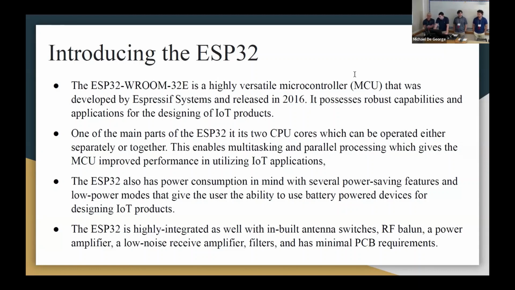The ESP32 also has power consumption in mind, with several power-saving features and low power modes enabled that give the user the ability to use battery-powered devices for designing IoT products. The ESP32 is also highly integrated as well, with built-in antenna switches, RF balun, a power amplifier, a low noise receive amplifier, and filters, and has minimal PCB requirements.